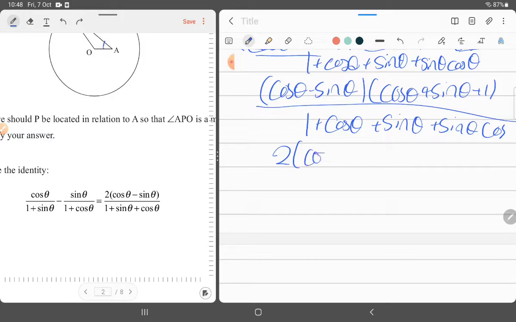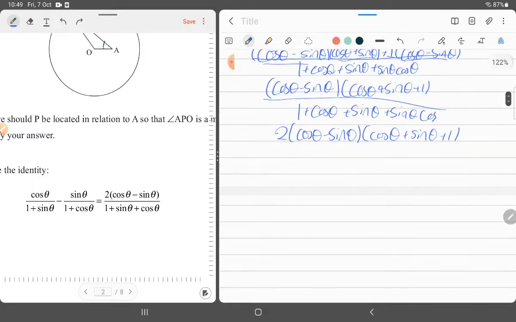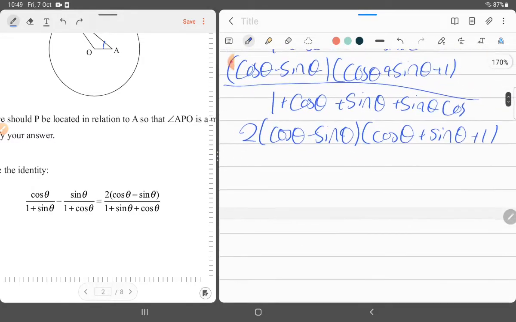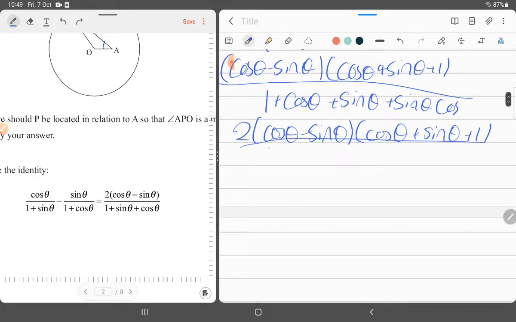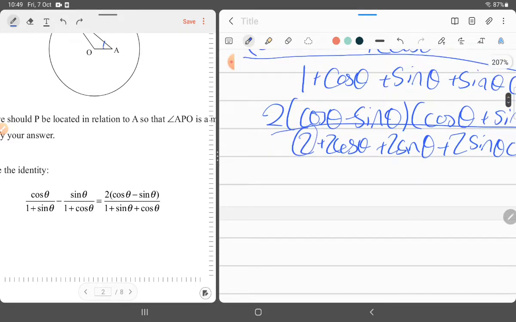So 2 cosine theta take away sine theta, cosine theta plus sine theta plus 1, all over 2 plus 2 cosine theta plus 2 sine theta plus 2 sine theta cosine theta. Then you split this, we get this 2, right?